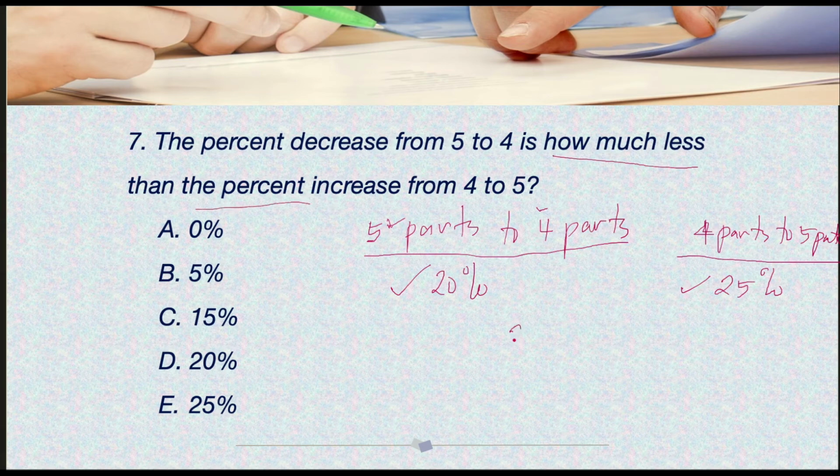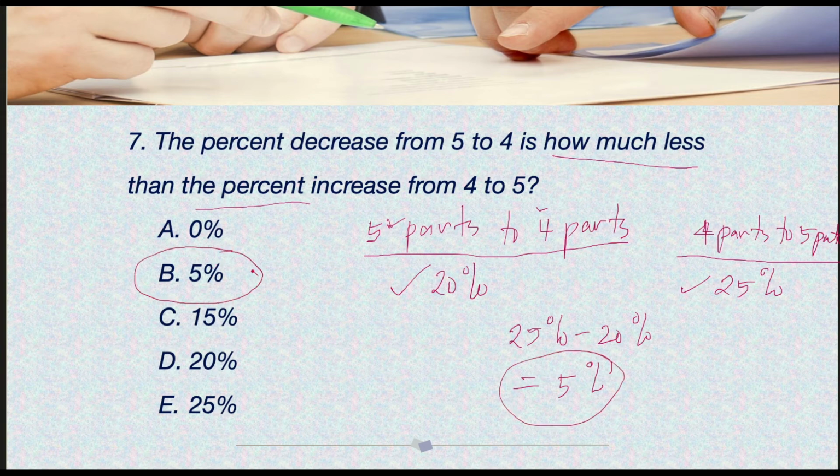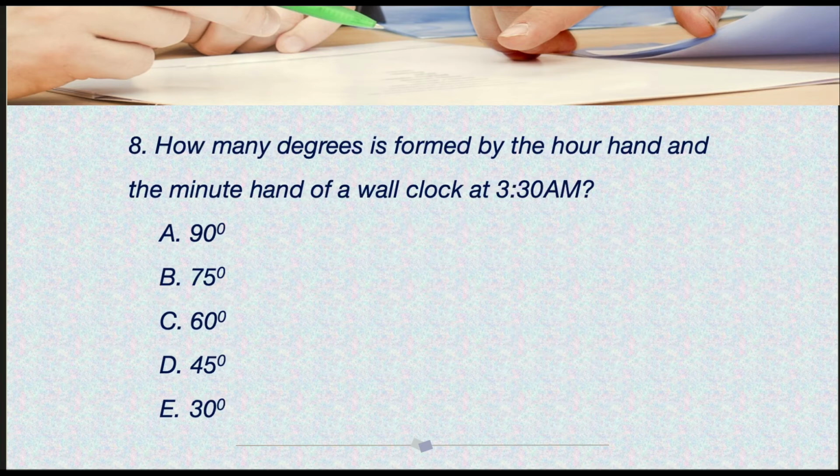So you will subtract 25% minus 20%. Then the answer is 5%. In our choices, that is choice letter B. So that's the answer. Okay? Percent is very simple, but if we combine them with statements that are somewhat complicated, then it can get messy sometimes, so be careful. Okay? Number 8.